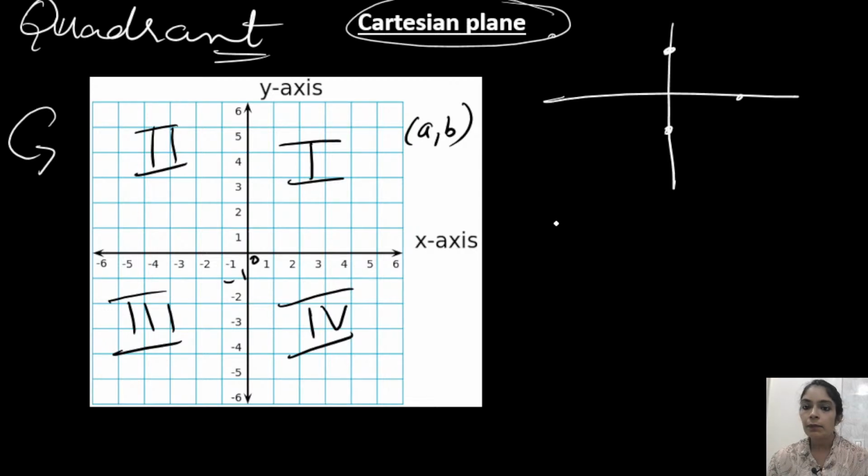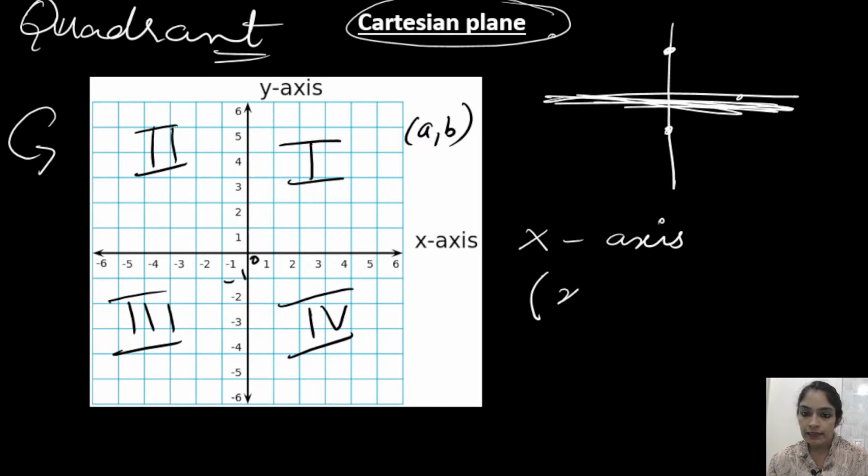So at that time, how will the points look? If a point lies on the x-axis, the horizontal line, it will have some value of x, but y will be 0. So if any point lies on the x-axis, x will have some value and y will be 0. And if any point lies on the y-axis, then x will be 0.